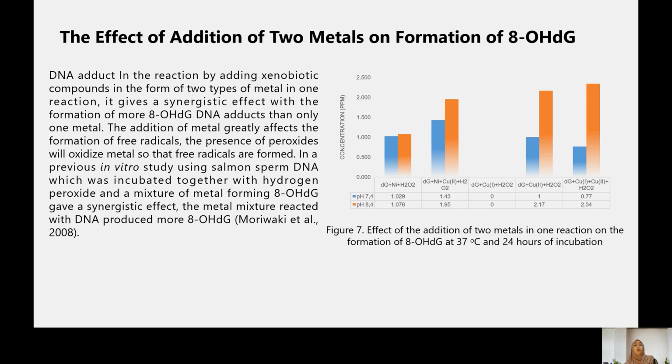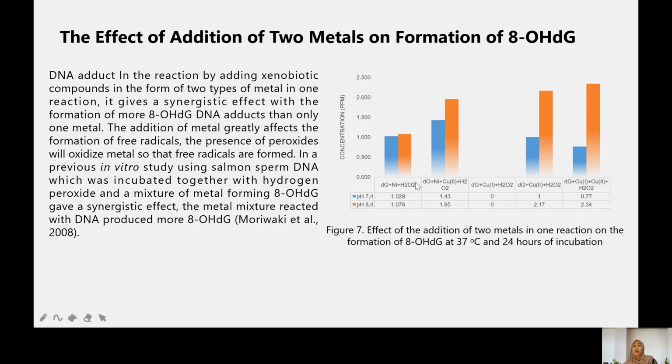The presence of peroxides will oxidize the metal so that free radicals are formed. In previous in vitro studies using salmon sperm DNA, incubated together with hydrogen peroxide and a mixture of metals, forming 8-OHdG gave a synergistic effect. The metal mixture reacted with DNA produced more 8-OHdG.